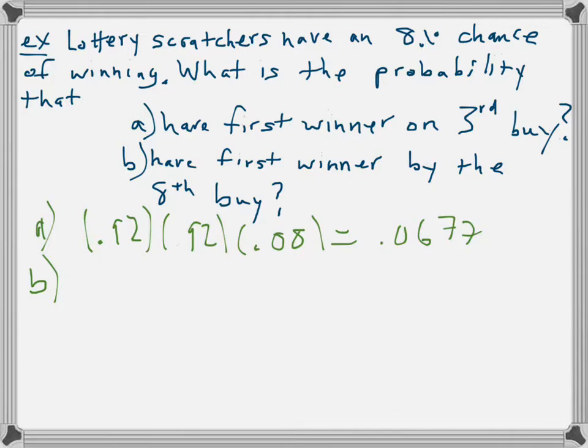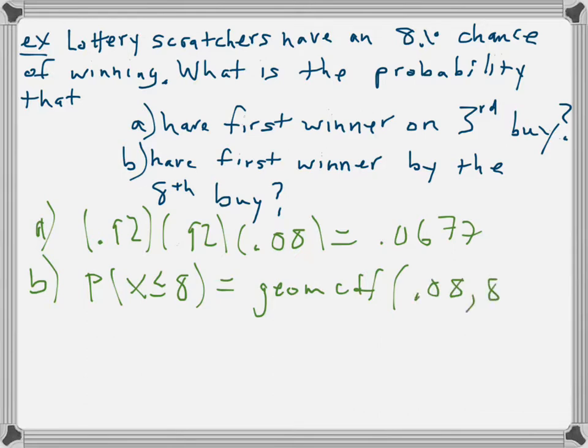What's the probability of having the first winner by the 8th buy? So you're saying by the 8th buy. So 8 or fewer, right? So in this case, it's the probability of having the first success in 8 or fewer. In this case, you definitely want to use the geometric CDF function of your calculator.